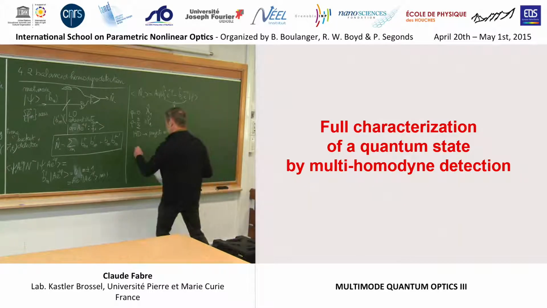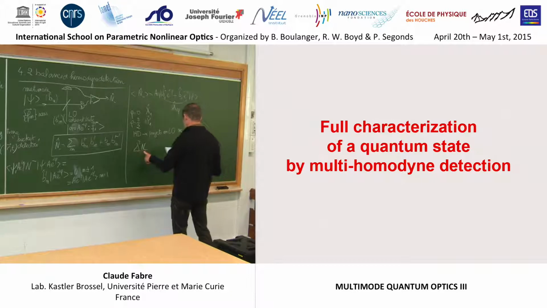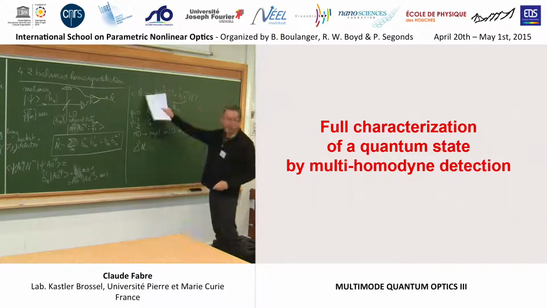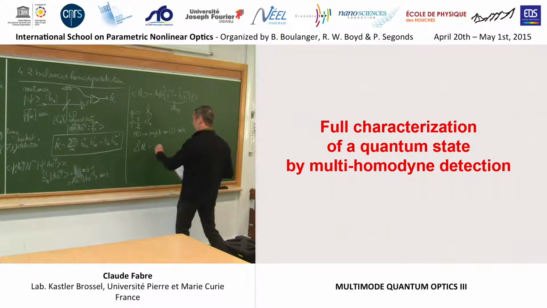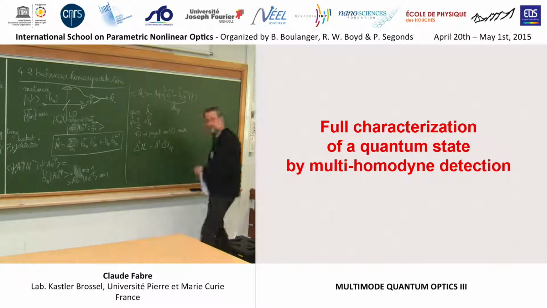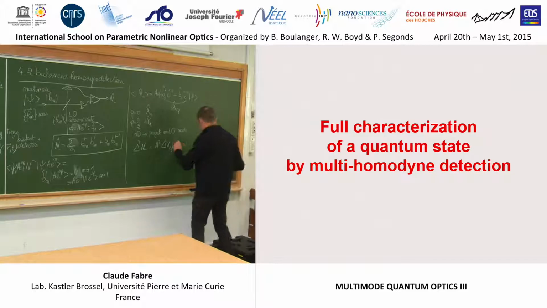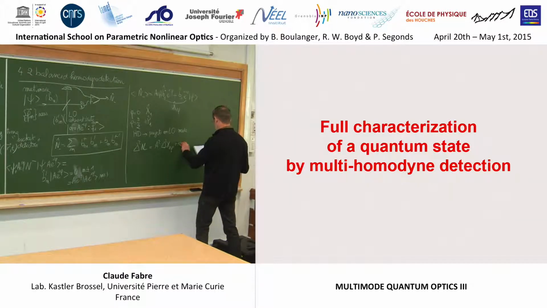I will not go through the calculation here either, but you can show that the variance of this quantity is equal to a squared times the variance of x1 phi. But there is another additional term, which is psi, this one, n, psi.